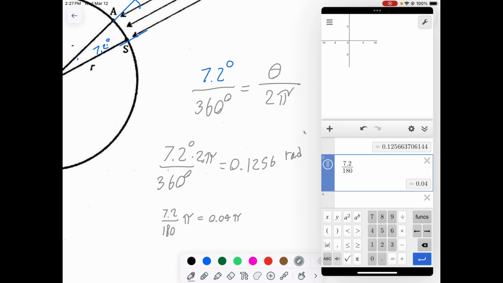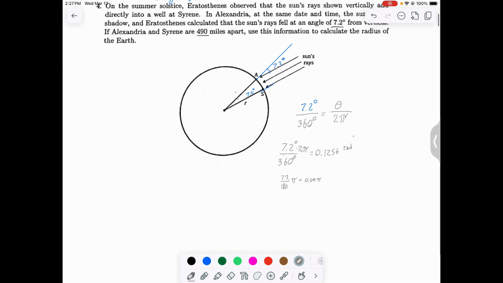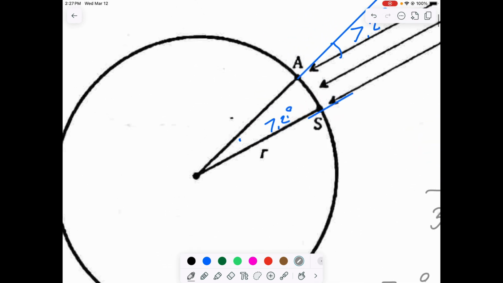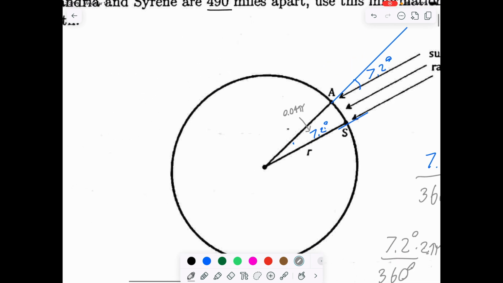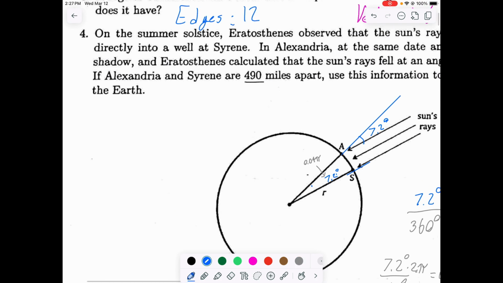Now that we know that, how are we going to get the arc length? We know what this angle is in radians now. The angle in radians is 0.04 pi. So how are we going to get the actual radius of the Earth? Well, it turns out that there's one more formula that you're going to learn, and this is arc length.